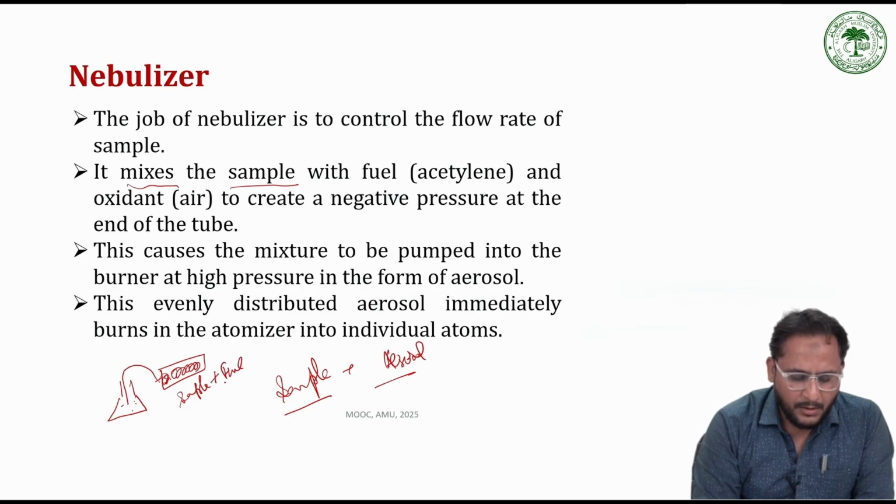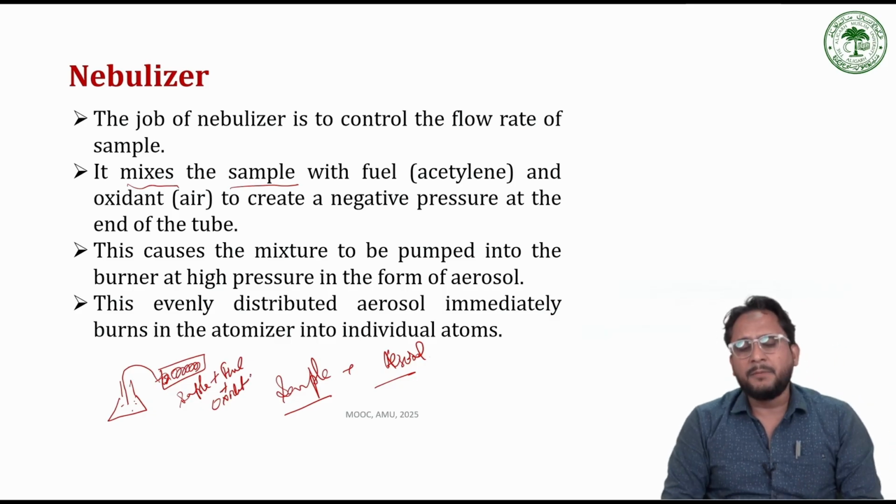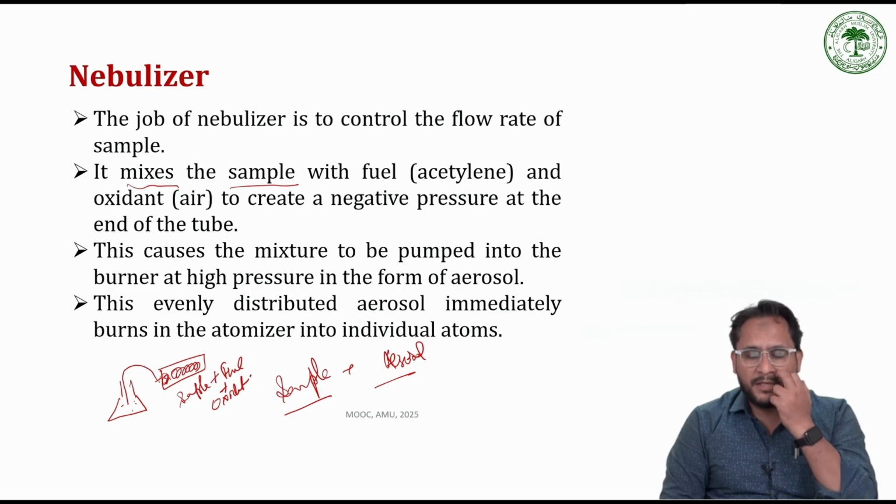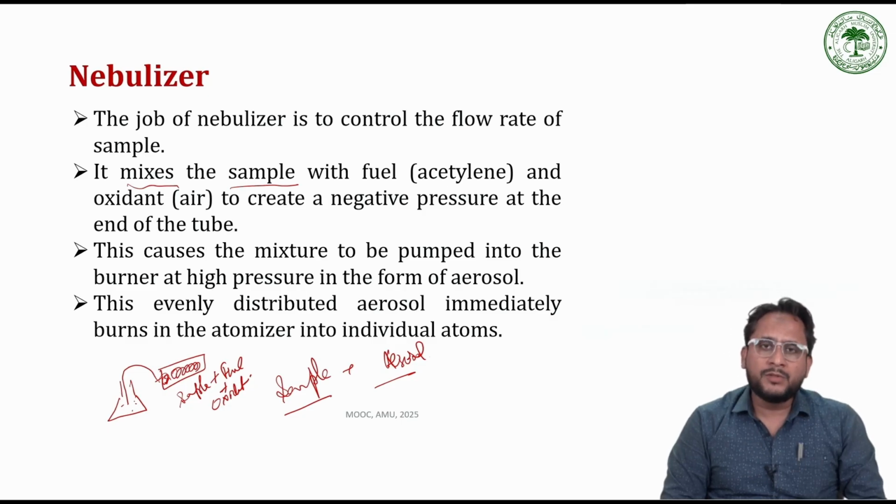Then this nebulizer mixes the sample with fuel and oxidant. As you all know, for lighting a flame we not only need a fuel, we also need an oxidant. Just like we have LPG cylinders at our home, we use LPG gas, which is a mixture of butane and propane, but we also need oxygen to light that flame. Similarly, in this technique also, we may use hydrogen gas, we may use acetylene gas.